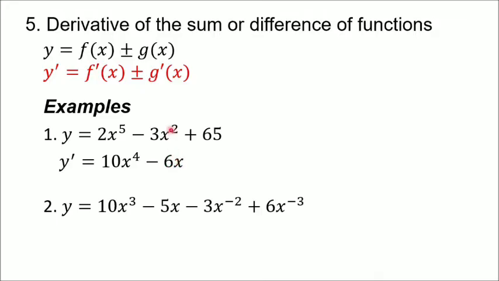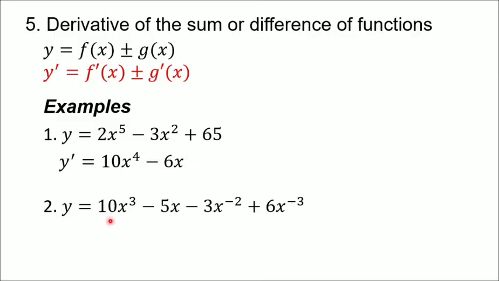X, subtract tayo ng exponent, 2 minus 1, kaya 1 na lang yung exponent na maiwan dito. Pag 1 na, no need to write that. Understood na pag may variable na walang exponent, it is 1 yung exponent niya. And then the third term here, because this is constant, the derivative is 0, so no need to add 0 here. Understood na yan na 0 yan. And that is the final answer.